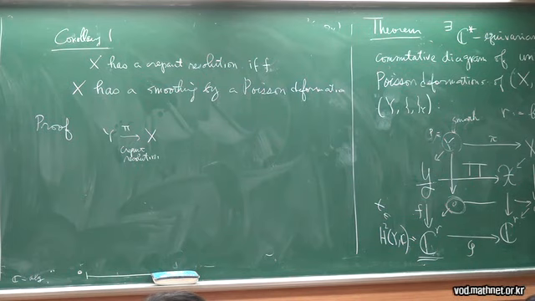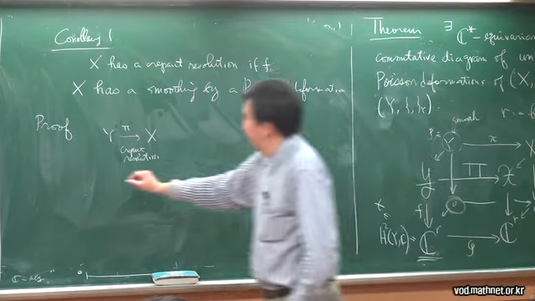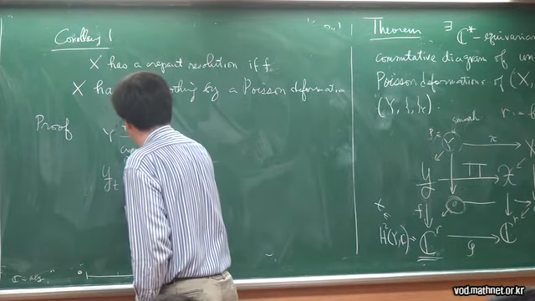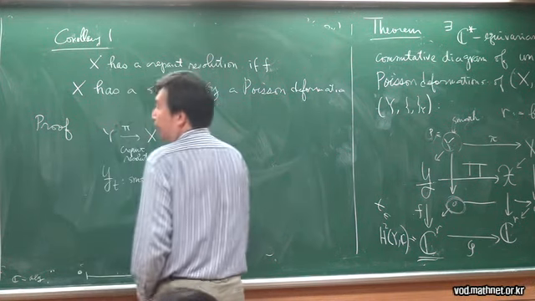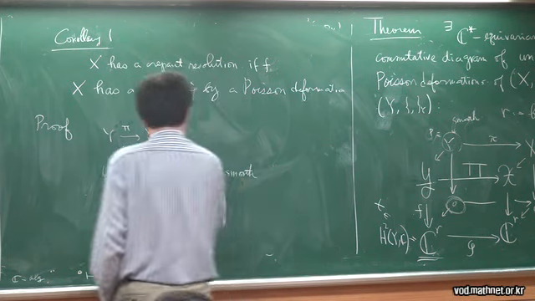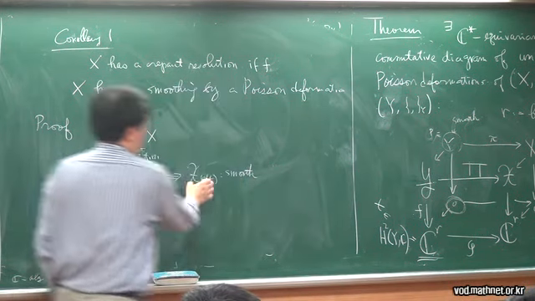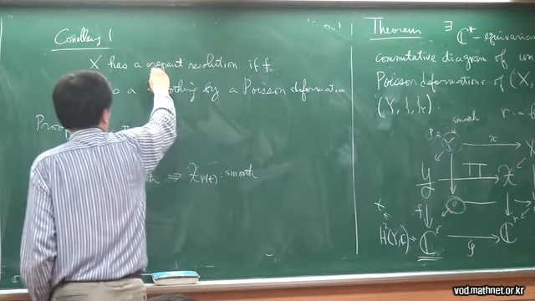Of course the central fiber is smooth, so the general fiber is smooth. So Y_t is smooth for general t. But by this assumption, this is an isomorphism, so this implies that X_phi(t) is smooth, and this implies that X has a smoothing. This is one direction.